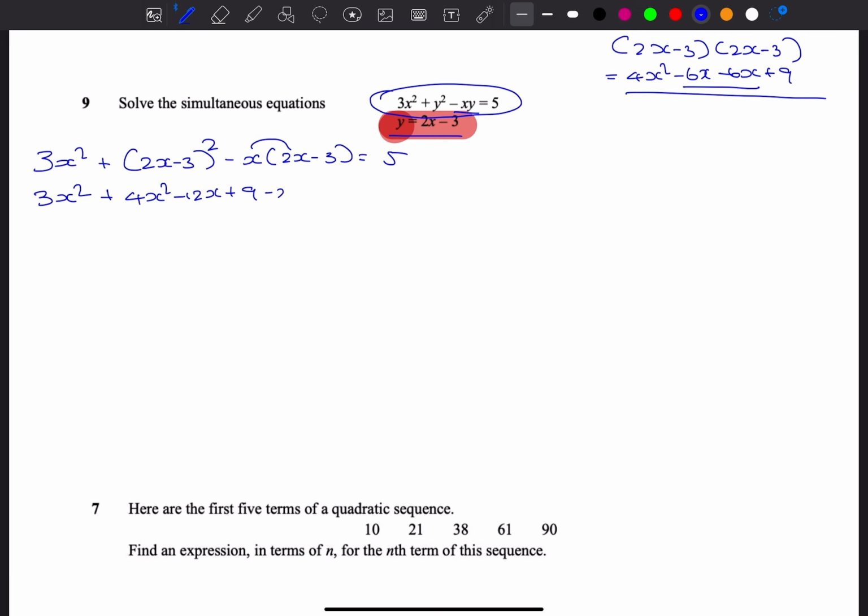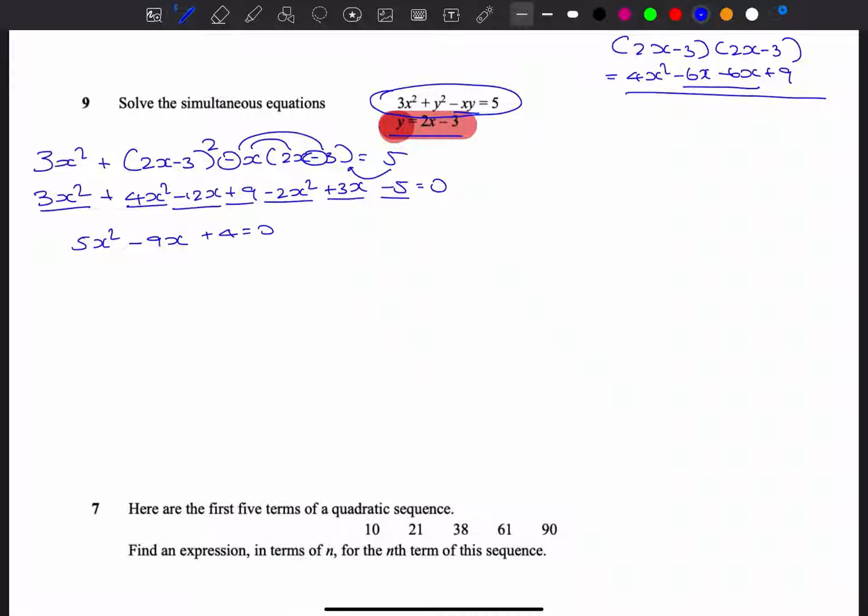Multiply here, minus 2x squared plus 3x because it's negative and negative, plus 3x. Bring the 5 inside, minus 5 is equal to 0. 3x squared plus 4x squared is 7x squared, minus 2x squared is 5x squared, minus 12x plus 3x is minus 9x, plus 9 minus 5 is plus 4, equal to 0.